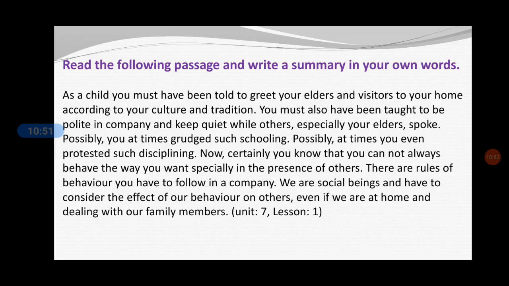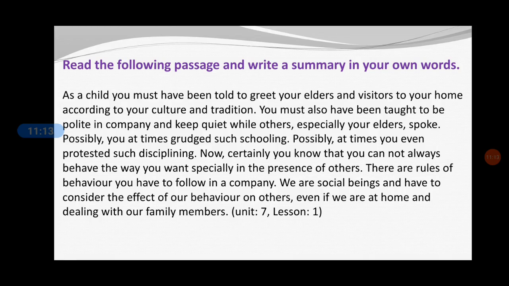This is a passage from your book, English First Paper, Unit 7, Lesson 1. The name of the chapter is Human Relationship. So let us see what is presented here.